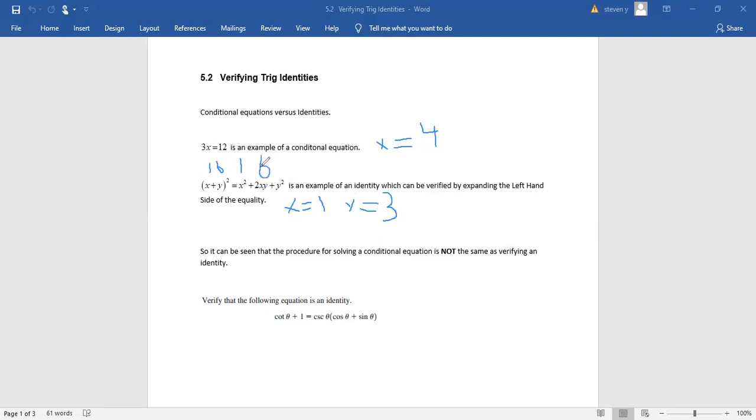And then if you take 3 squared, that's 9. That's 1 plus 6 plus 9, which is equal to 16, right? Now, I hope that's legible, but this is clearly 16 if you put 1 and 3 there and square it. And also, if you make the appropriate substitutions here, you get 1 plus 6 plus 9 is equal to 16.